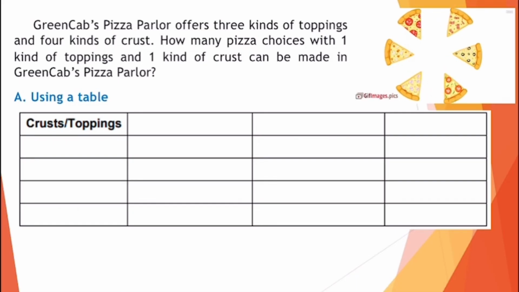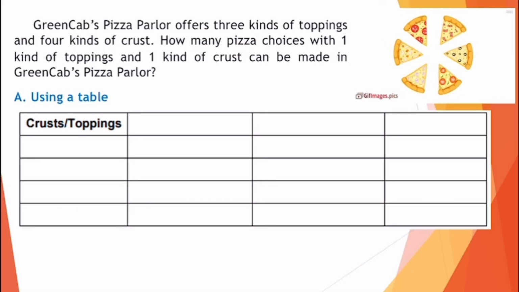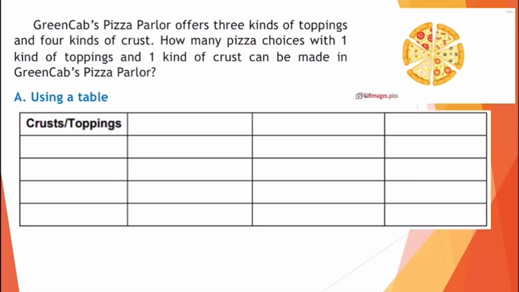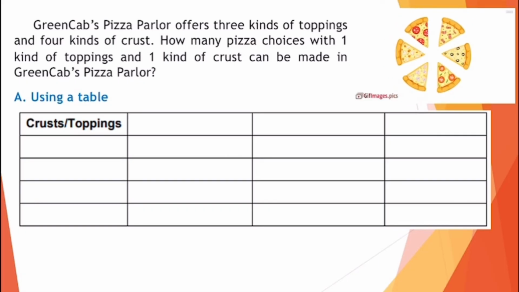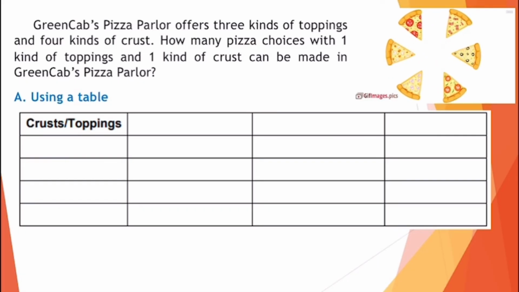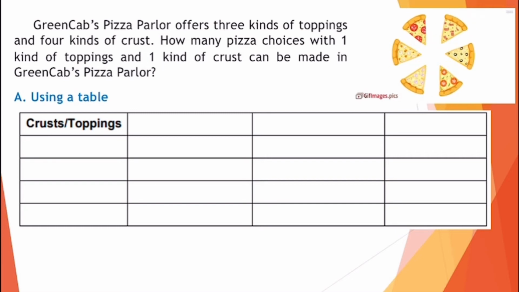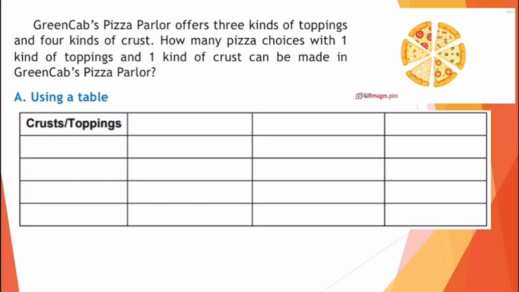So for this example, we are going to put the crust for our rows. Since we have 4 kinds of crust, we can make 4 rows. And since we have 3 kinds of toppings, it represents the 3 columns.